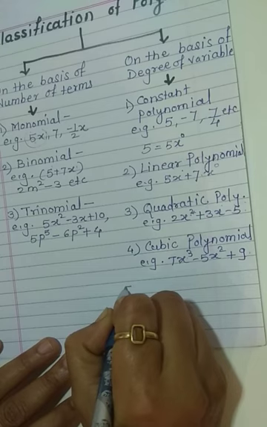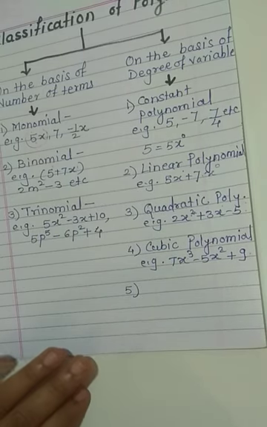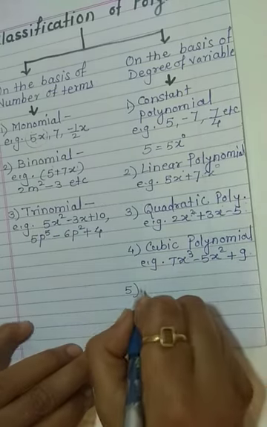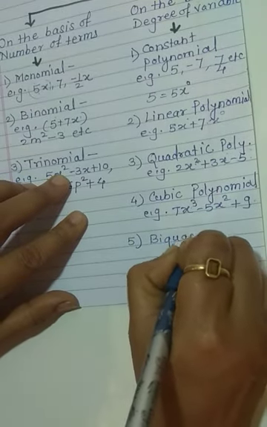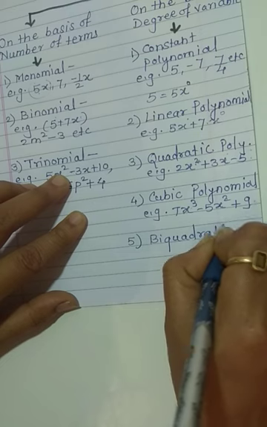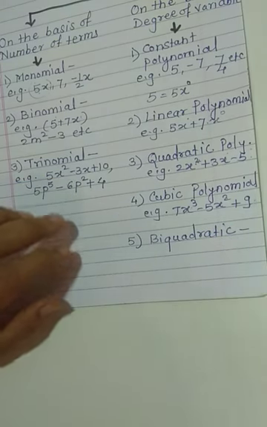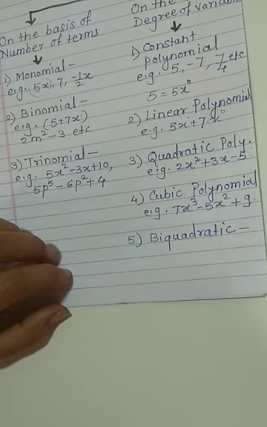Now next type of the polynomial is biquadratic polynomial. Now here a polynomial of degree 4 is called biquadratic polynomial.